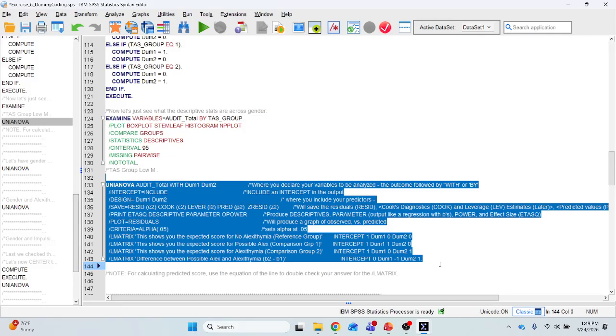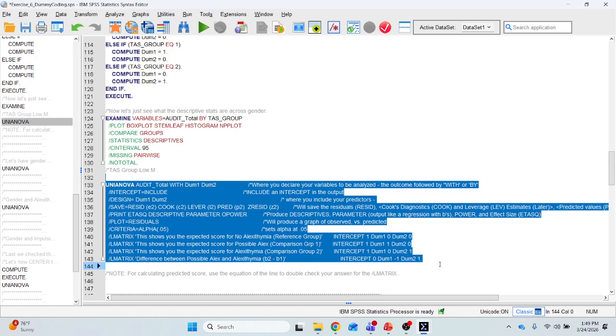Okay. Then where that L matrix comes in. Yeah, so now you will have another one of these things, right? Because you have 4 groups. So the intercept is for your reference group. Your second L matrix should be between the reference group and your second group. Then another between the reference group and the third group, and another between the reference group and the last group.